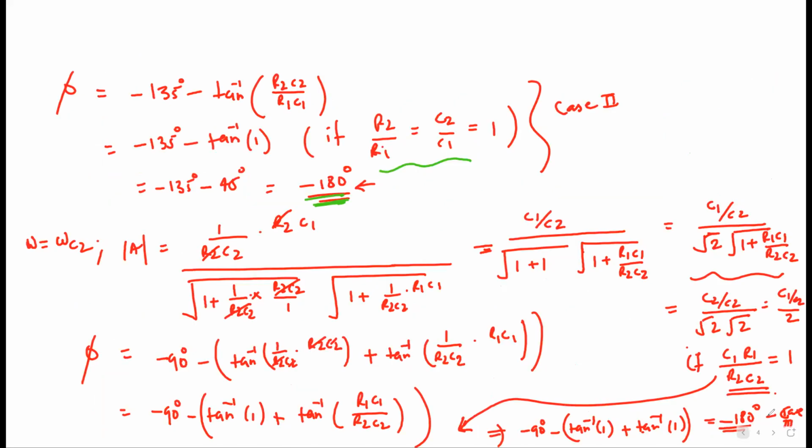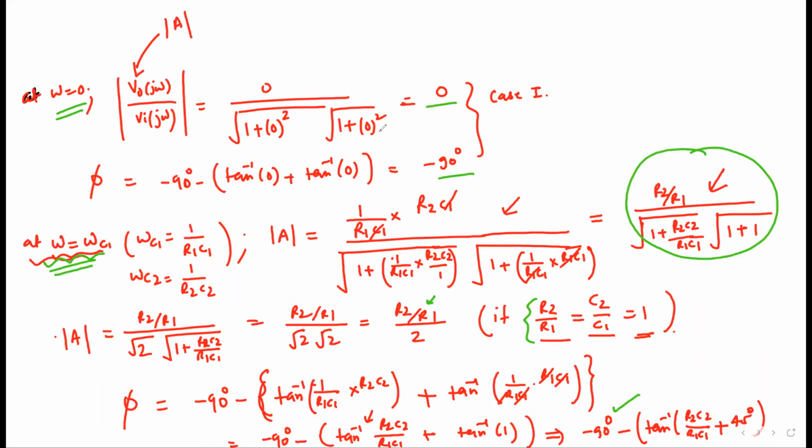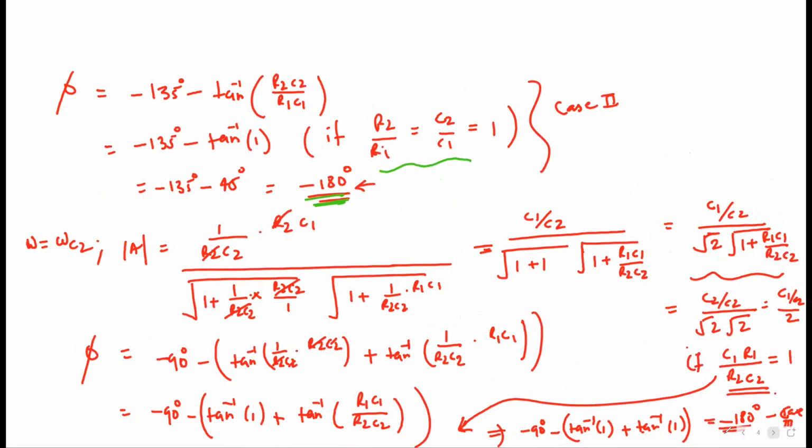Otherwise, the phase varies as a function of these two values right here, R2 and C2, that's the product, divided by the product of R1 and C1. So it depends on what value we choose, the phase will vary. But of course, it is less than minus 90. So it's less than minus 135 actually. Okay, so it is going like that.